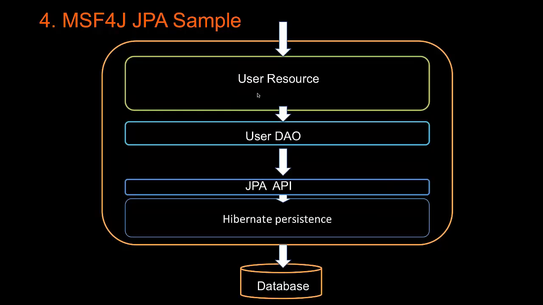In this case, some microservices frameworks try to provide their own way to access data sources and some of the other resources, and also some frameworks try to provide wrappers. One thing we are not doing is providing new wrappers.